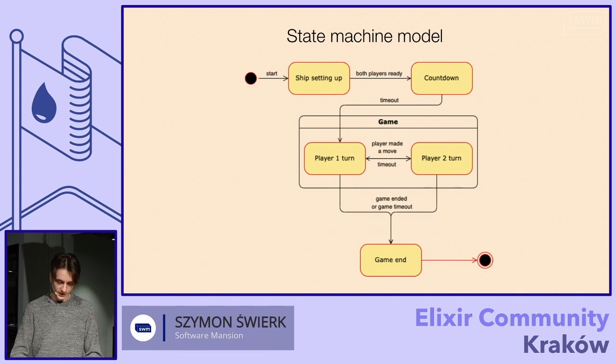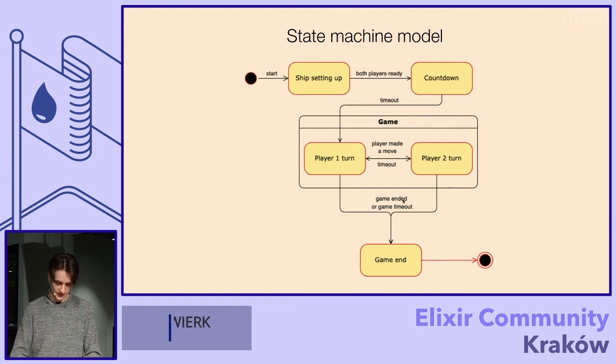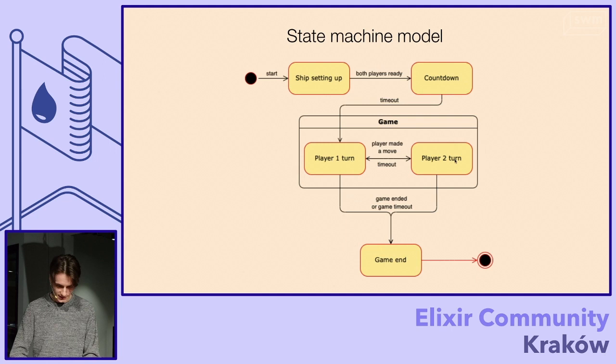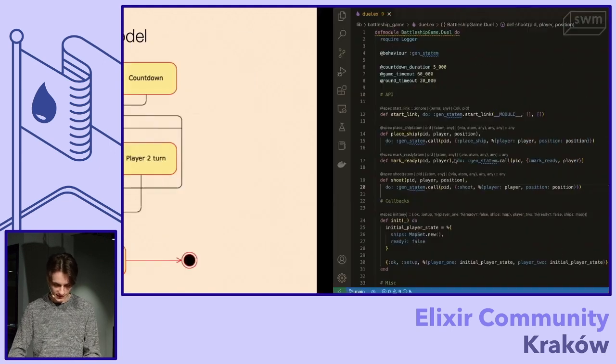Also, when a player doesn't make a move, their state is timed out and the state transitions. And also, we have a big game timeout. In case no one wins for some time, then we're going to transition automatically to game end. And game end is the last state. Okay, let's now try to code this.